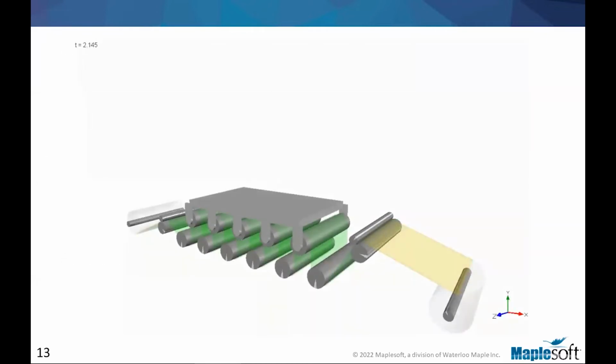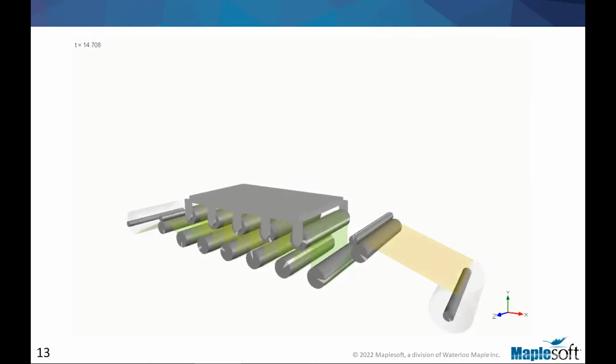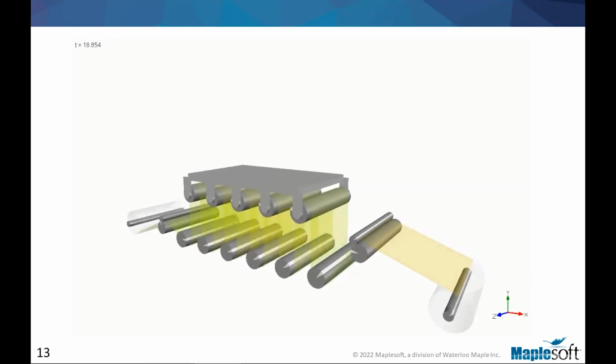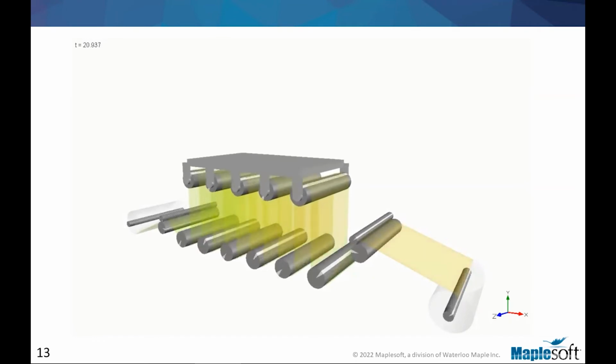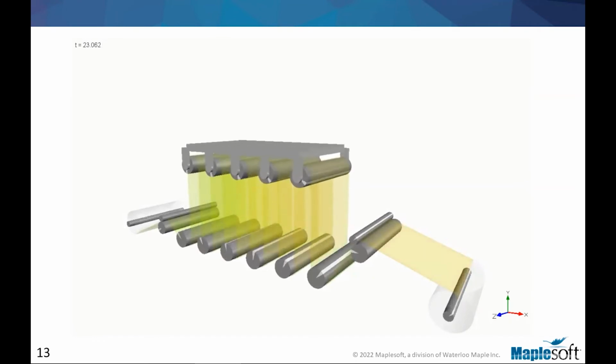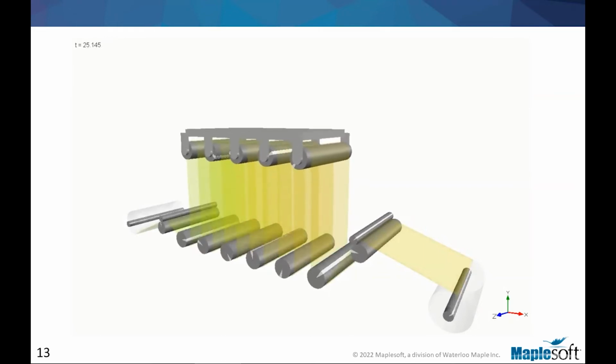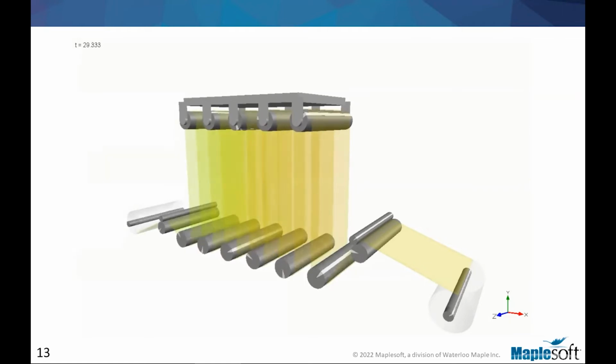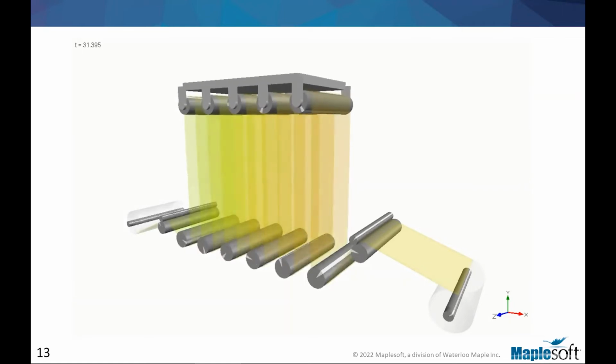We're actually going to start with a bit more complicated model, and that's an accumulator. We'll see this model in MapleSim. This animation that you see here is the model that has the process built into it, where we turn off the rewind roll and let the accumulator pick up the material, and then we restart the rewind roll.